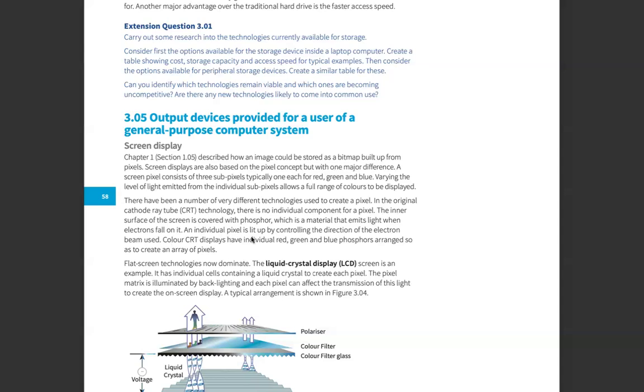An individual pixel is lit up by controlling the direction of the electron beam used. Color CRT displays have individual red, green and blue phosphors arranged so as to create an array of pixels as well.